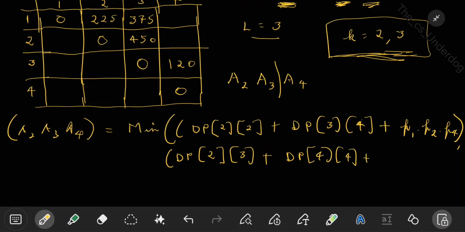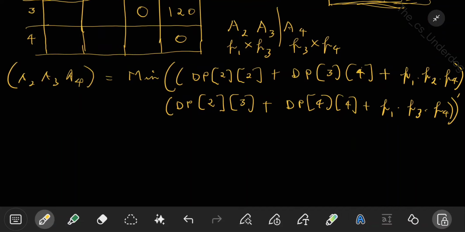The dimension of A2, A3 will be P1 by P3 and the dimension of A4 will be P3 by P4. So when you multiply these two matrices, the number of scalar multiplications will be P1 into P3 into P4. This is what we learned.